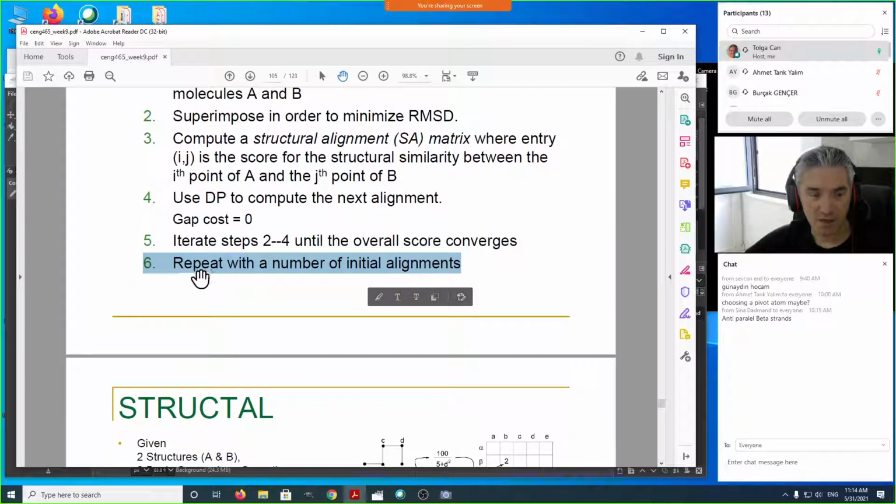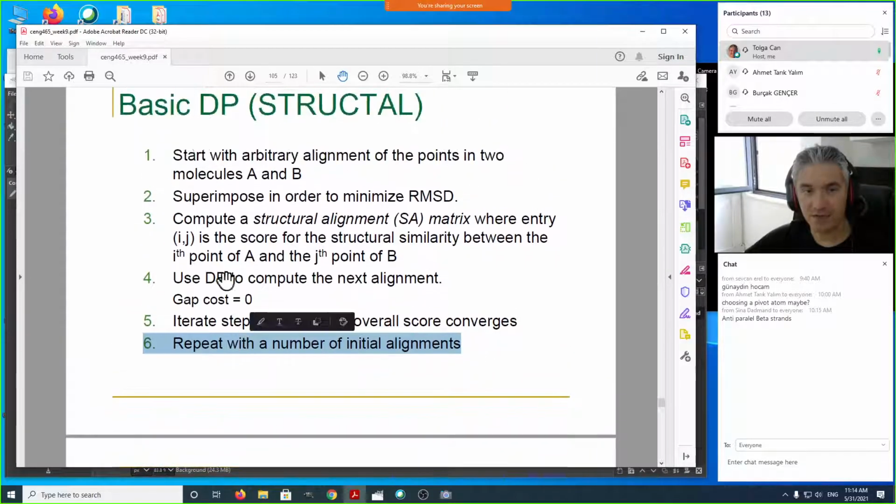But even if you repeat it 100 times, the STRUCTAL algorithm overall is still non-deterministic, because the best alignment you find in 100 runs is not guaranteed to be the same as the best alignment you find in another 100 runs. Those are all random samples in your search space.